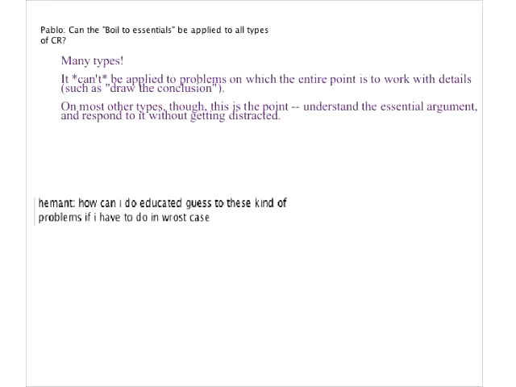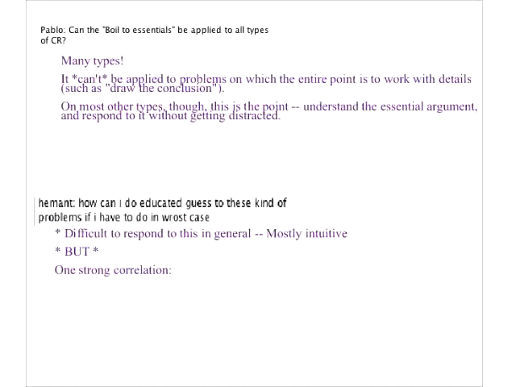It's difficult to respond to this question in general because it's mostly intuitive. There's not going to be a lot of hard rules, but the one thing that I've found is one pretty strong correlation is that on assumption questions, negative statements, which means statements about what is not true or about what didn't happen, are correct proportionately more often.